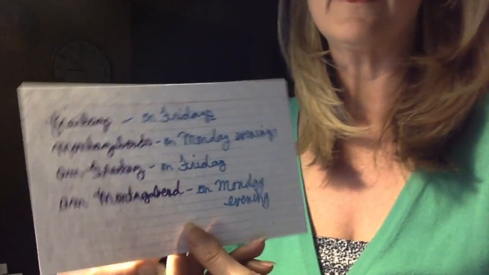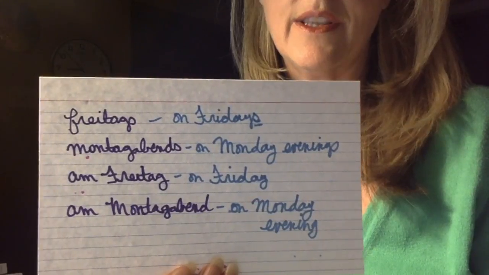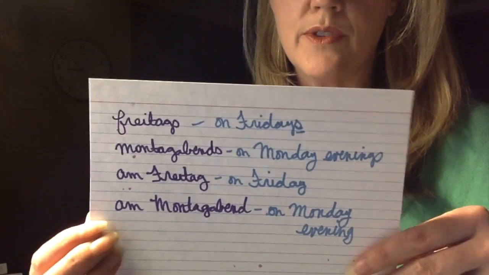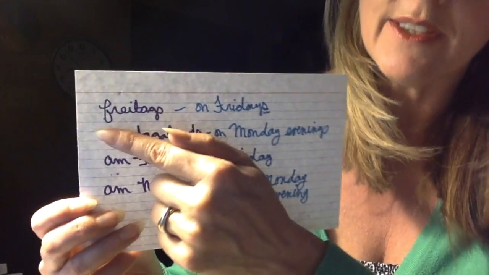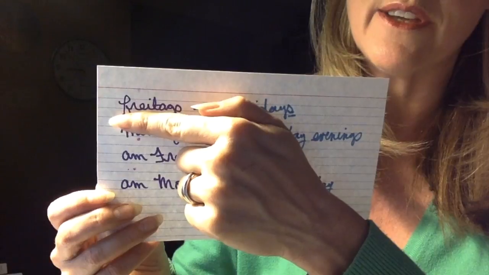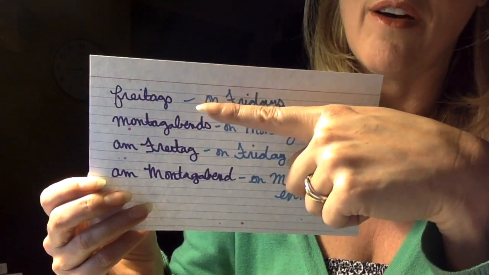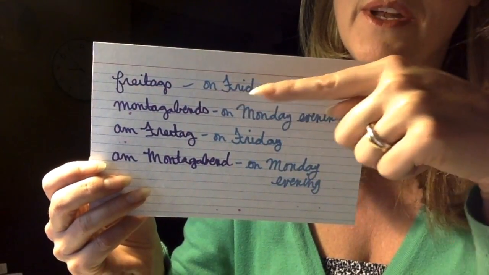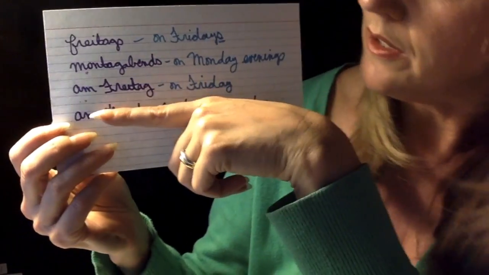Okay, we can also describe when things are happening continuously or repetitively on the same days, just by adding s at the end of the days of our week. So this is Freitags, meaning on Fridays. You could have Montags on Mondays, Dienstags on Tuesdays, and so on and so forth.